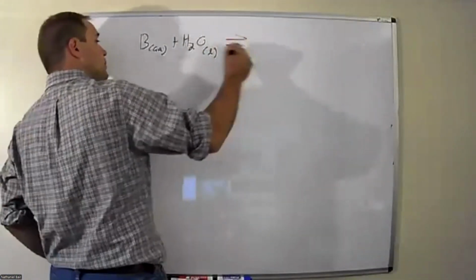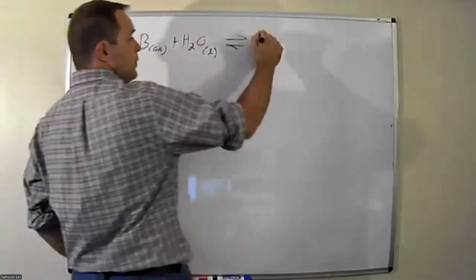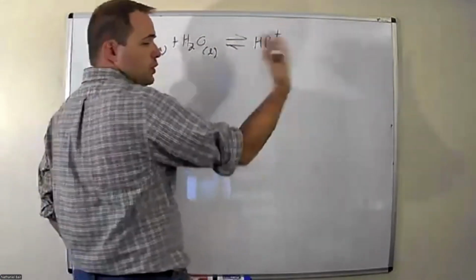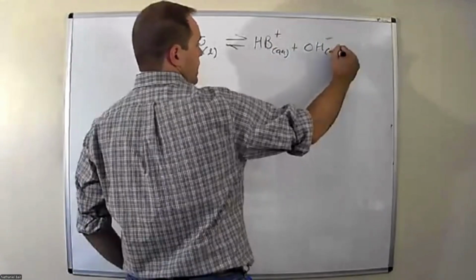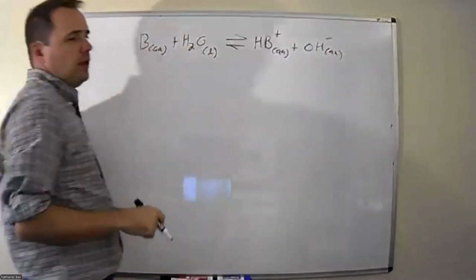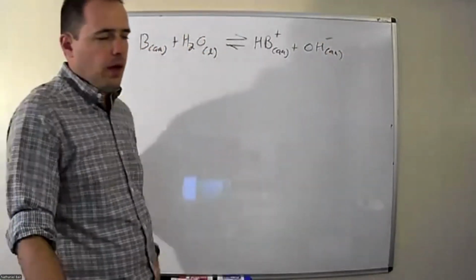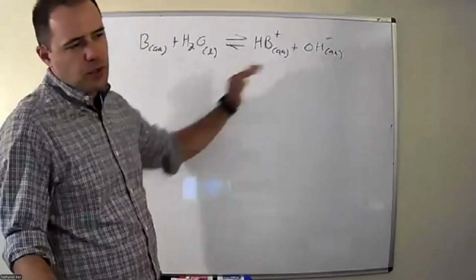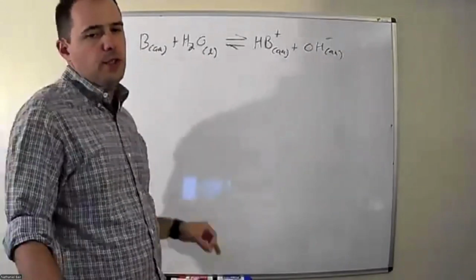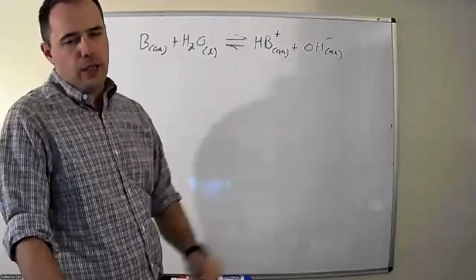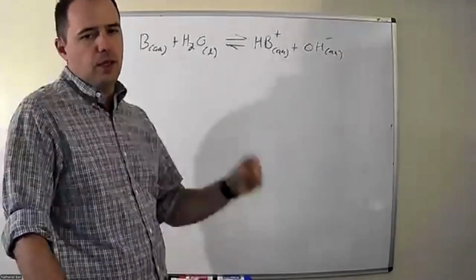The base steals a hydrogen from the water. You get the conjugate acid HB plus, and you get hydroxide, because if we steal a hydrogen off the water, the electrons in that bond between hydrogen and oxygen go back on the oxygen. So here is your generic equation for the dissociation of a weak base in water.